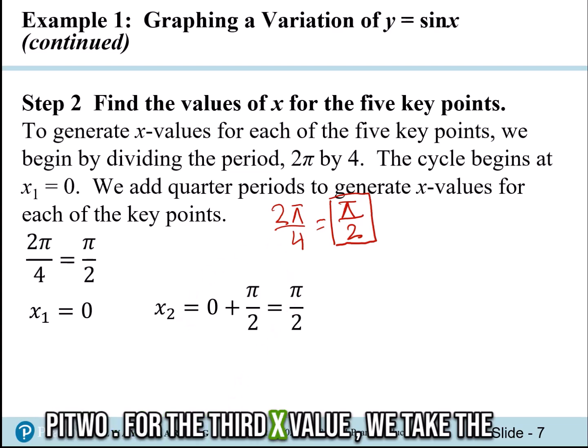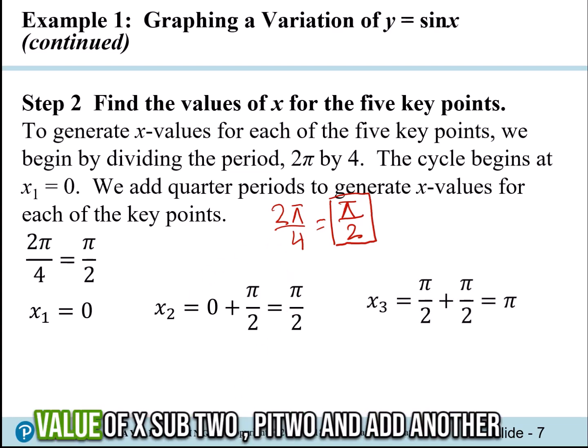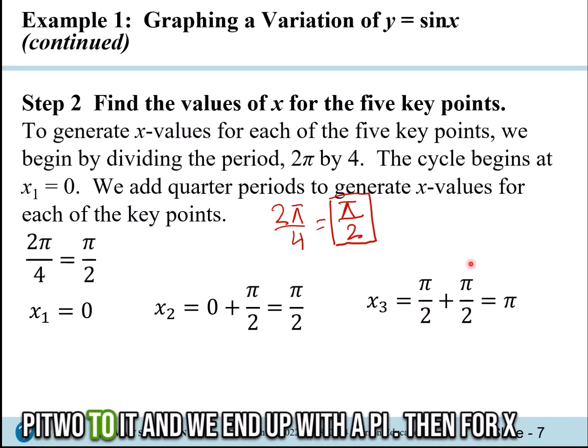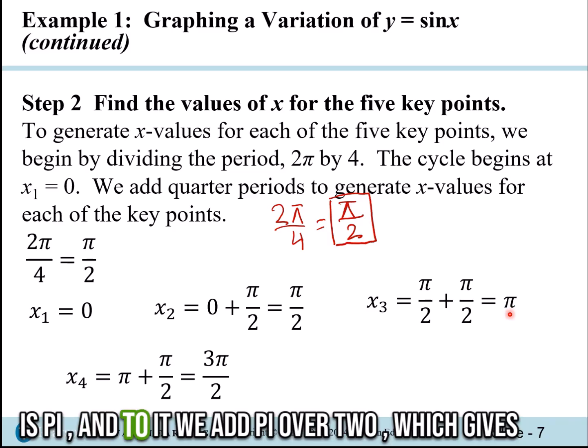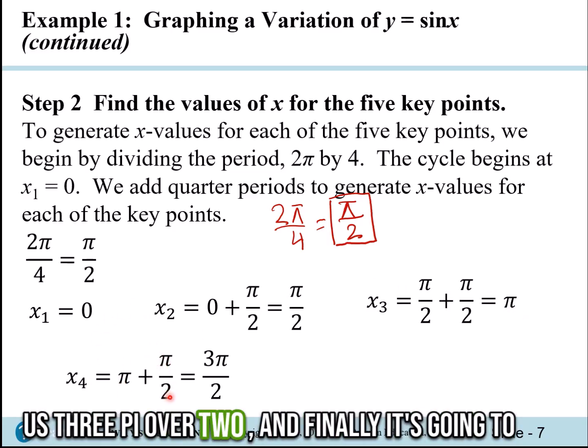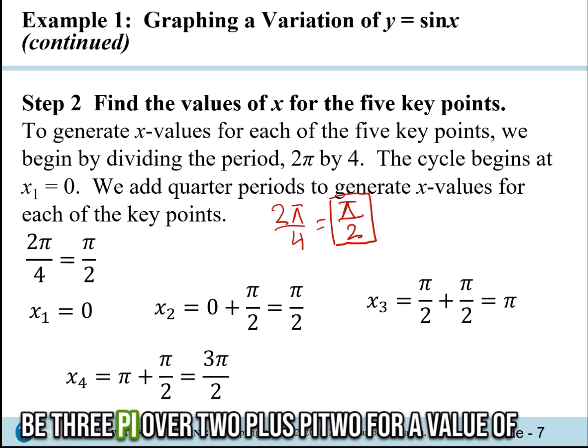For the third x value, we take the value of x sub 2, pi over 2, and add another pi over 2 to it, and we end up with pi. Then for x sub 4, it's the value of x sub 3, which is pi, and to it we add pi over 2, which gives us 3 pi over 2, and finally it's going to be 3 pi over 2 plus pi over 2 for a value of 2 pi.